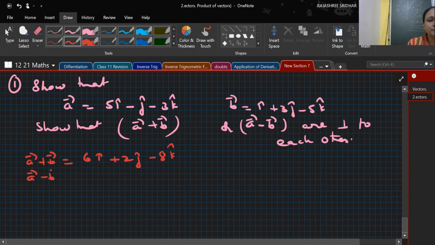What is A minus B? 4i cap minus 4j cap plus 2k cap.